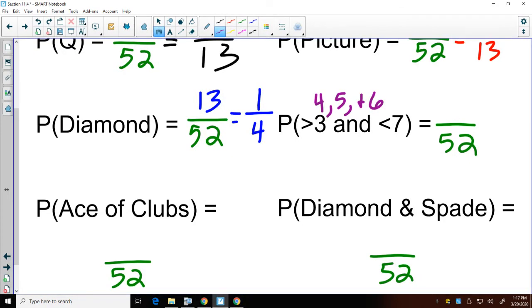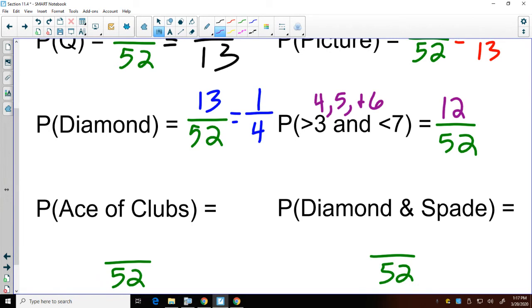Remember, there are 4 of these, one for every suit. Okay? So that means there are 4 fours, 4 fives, and 4 sixes. So that's a total of 12 cards.